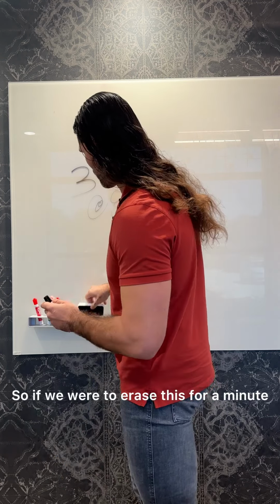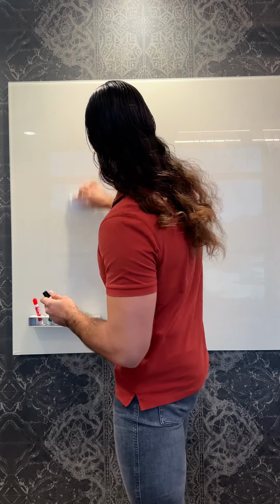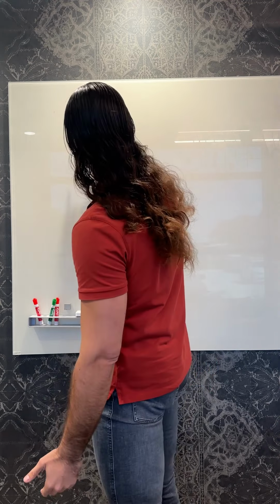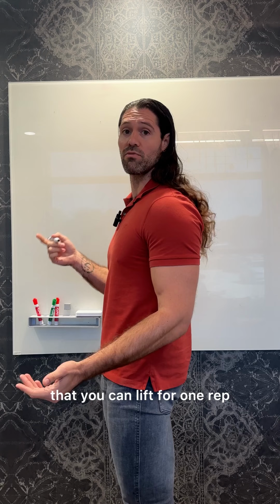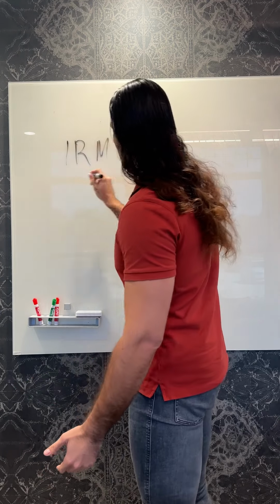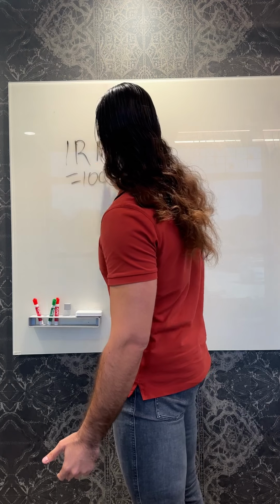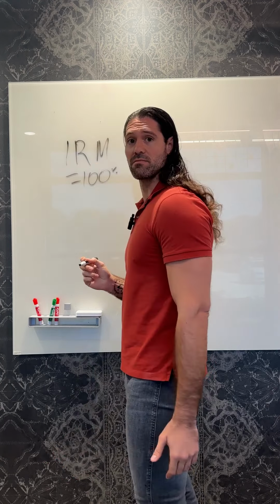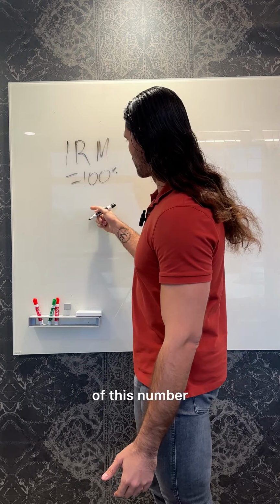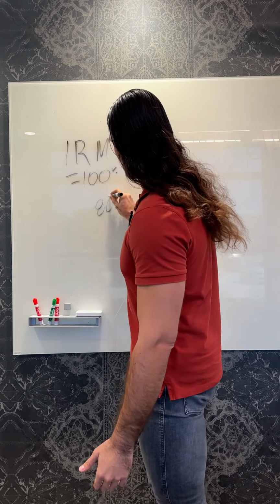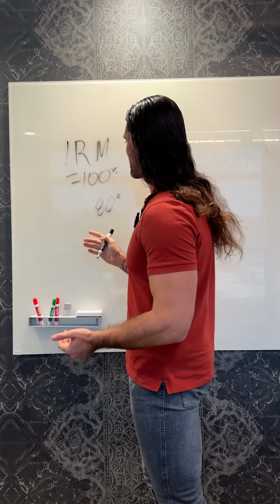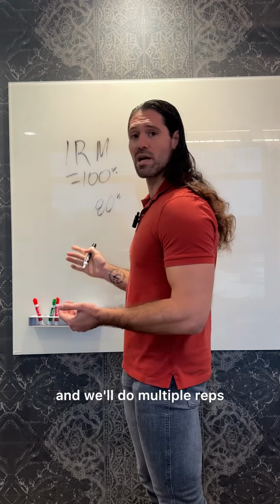So if we were to erase this for a minute, if we were to assess somebody's strength levels and the heaviest weight that you could lift for 1 rep max, that equals 100% of your possible strength. So if we take 80% of this number, that will obviously be a lighter weight than doing 1 rep max, and we'll do multiple reps.